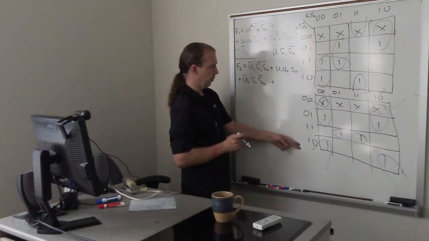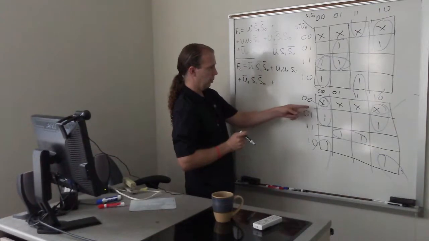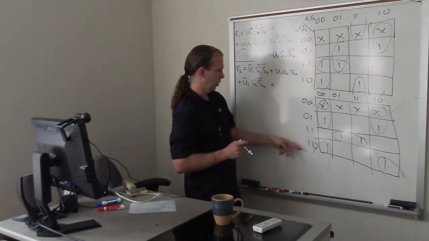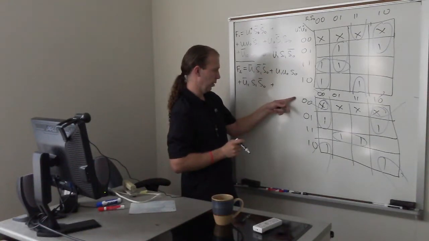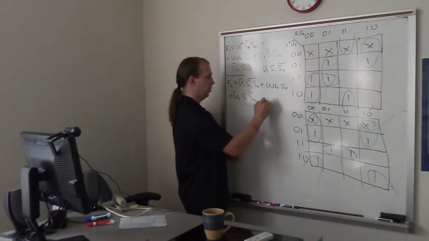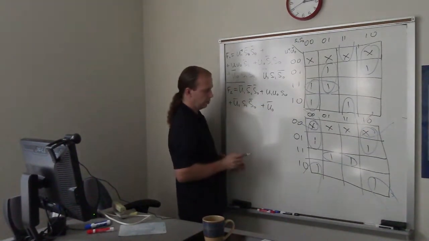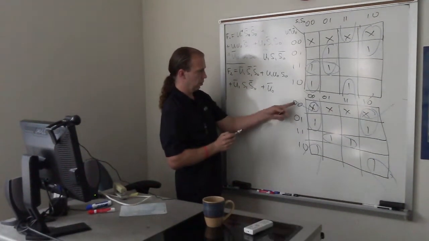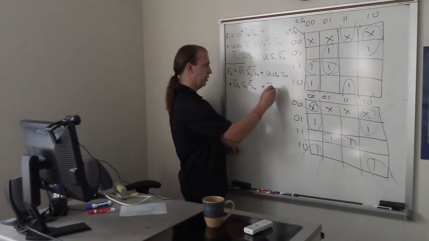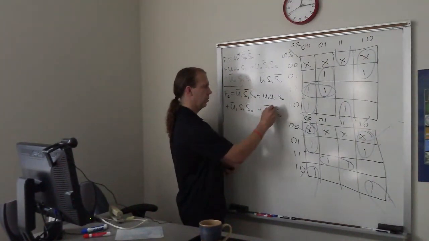So here we have for row 4 it will be U0 inverted and S0 inverted.